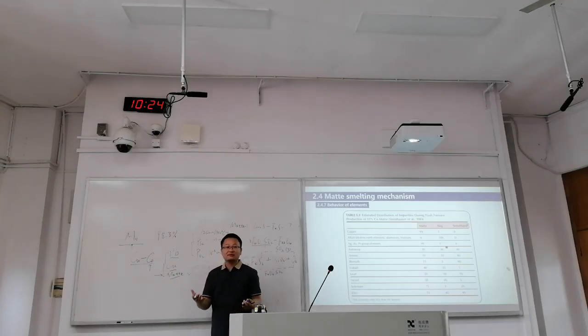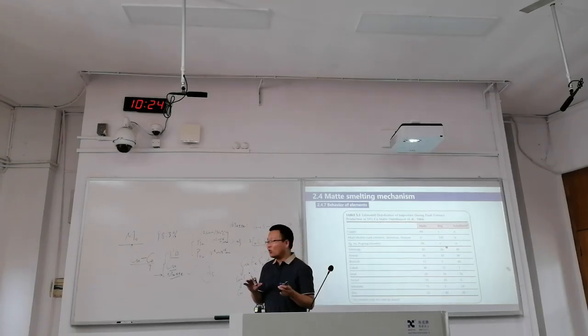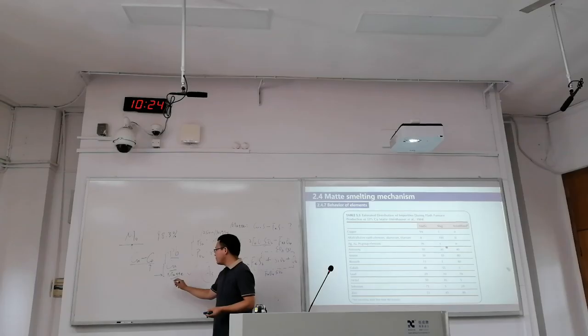If you have matte, you are losing almost no PGMs. You can get almost 100% recovery. But if you are using this one, you are losing something. So this is number one, this is number two, and this is number 3.